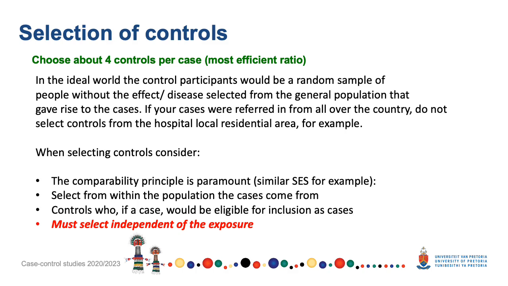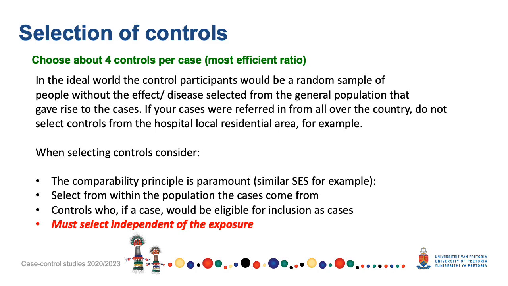For example, similar socioeconomic status for the group that gave rise to the controls as for the cases. Select from within the population that the cases came from, and select people as controls who, if there had been cases, would have been eligible for inclusion as cases, so that you avoid selection biases.